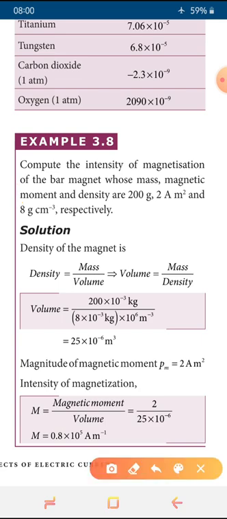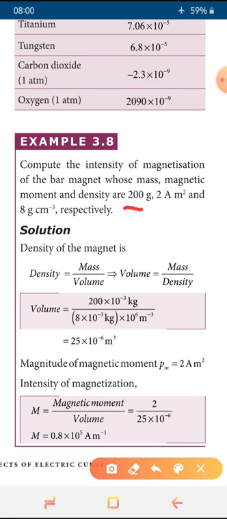So what is the mass given? See the question, it is 200 gram. As per the rule, in most sums, with some exceptions, the sums will be done with the help of SI units.